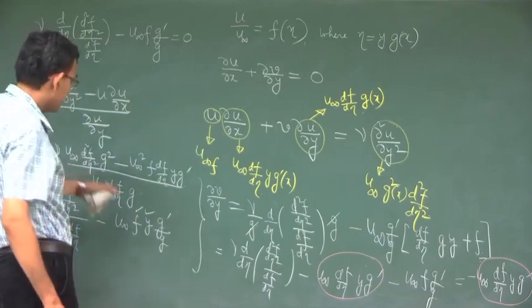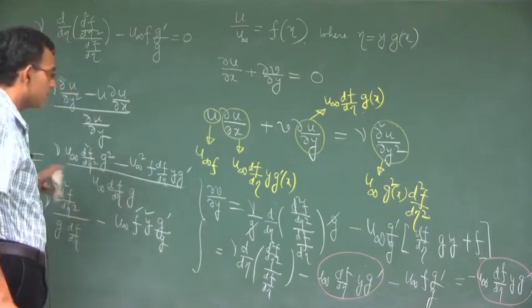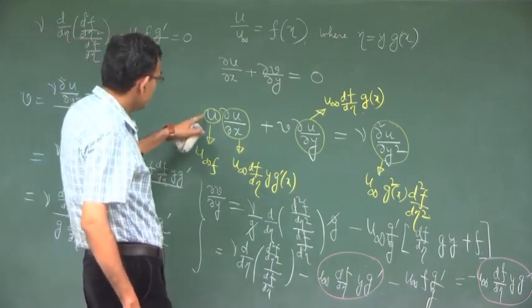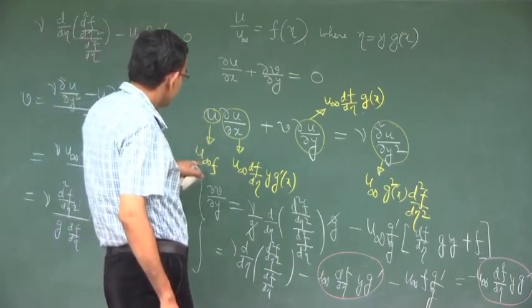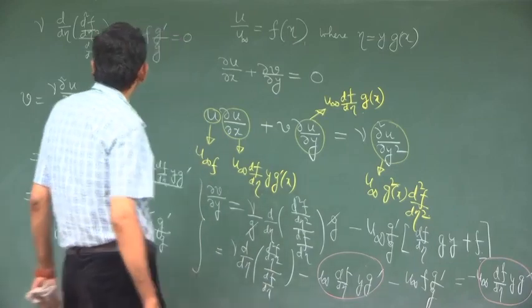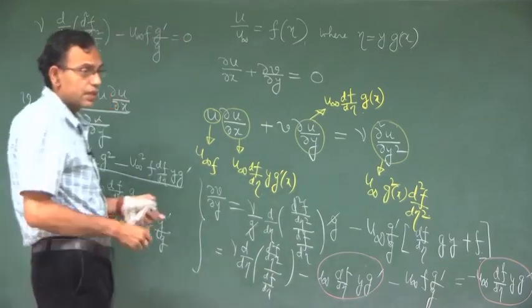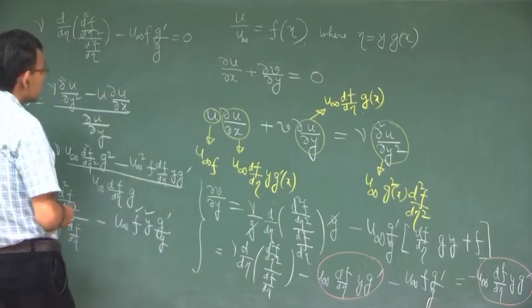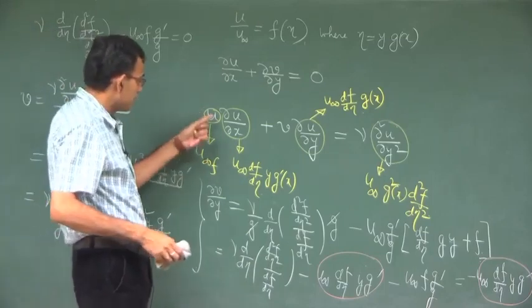Maybe one extra g has been missed somewhere. Let us see this. So, this is u infinity, we will see anyway. So, let us check the calculation once.